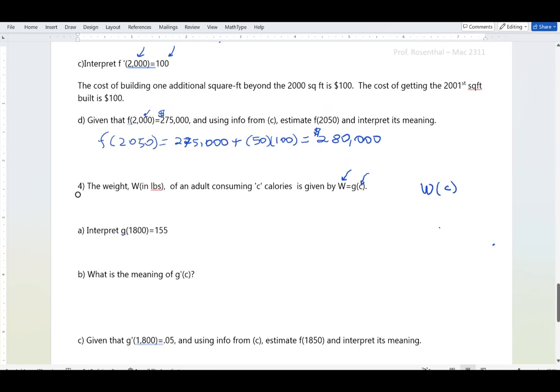Notice there's no derivative there. Remember, the incoming element represents the calories, and this represents the weight in pounds. So when 1800 calories are consumed, we expect that individual to weigh 155 pounds. And calories consumed here, we're going to assume is per day.